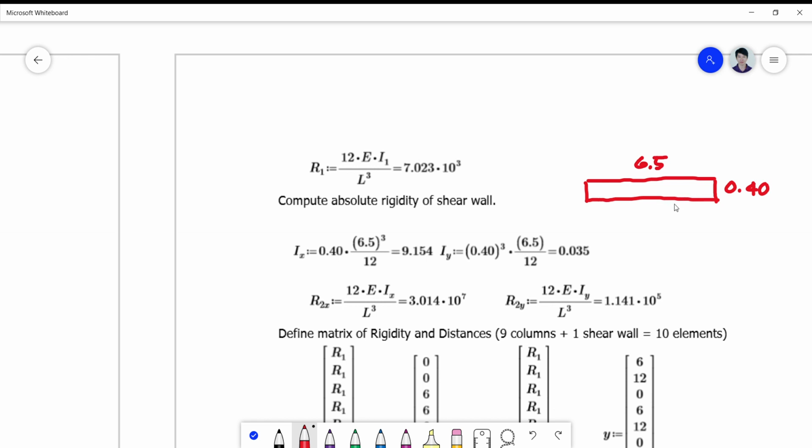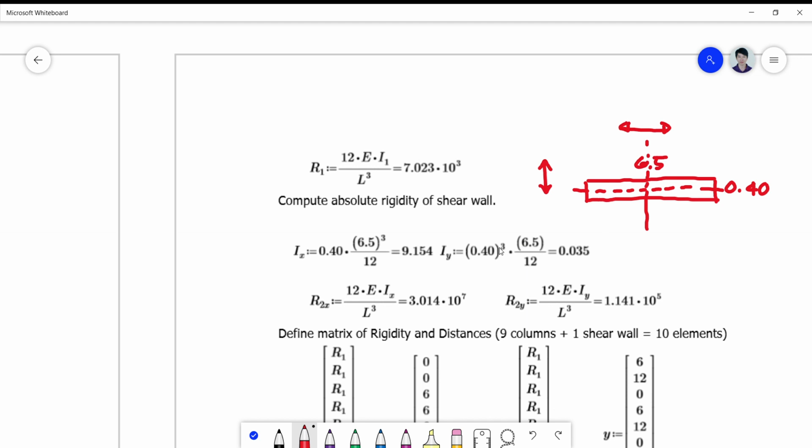and if you take a look at the earthquake rigidity along the x direction, so if you look into this direction, my Ix will be definitely referred to this axis. So this is my B, and then this is my H. If I'm looking towards this direction, my B will be 6.5 and my H will be 0.4.